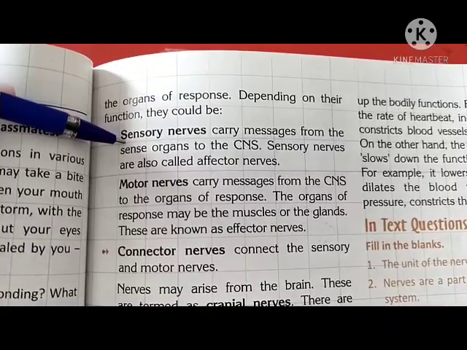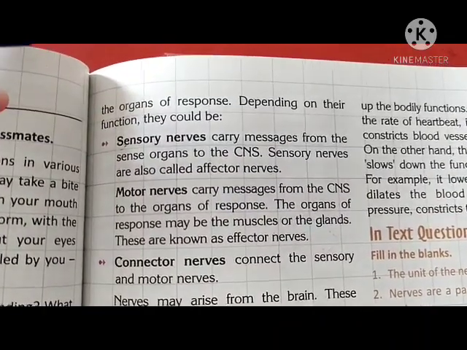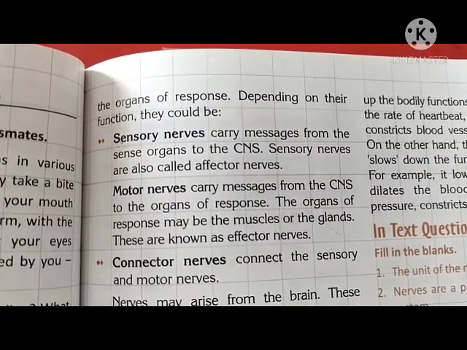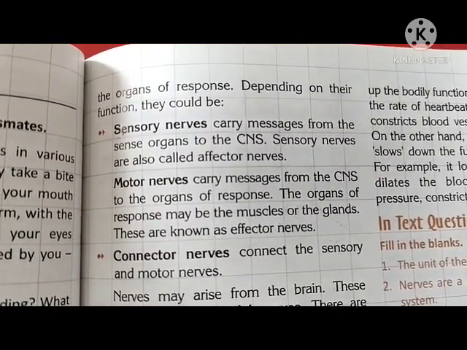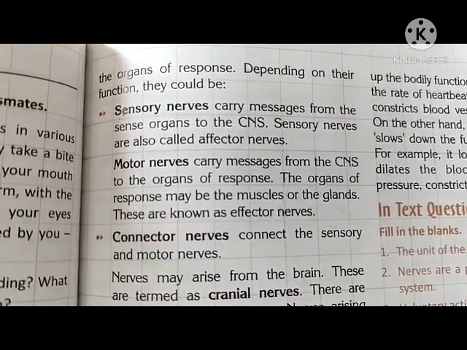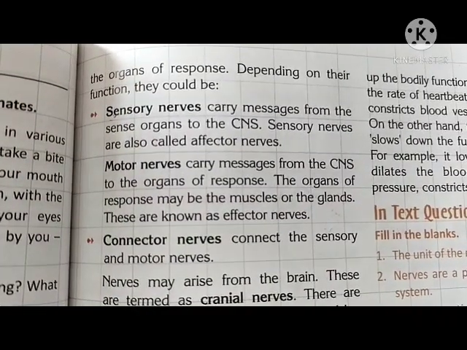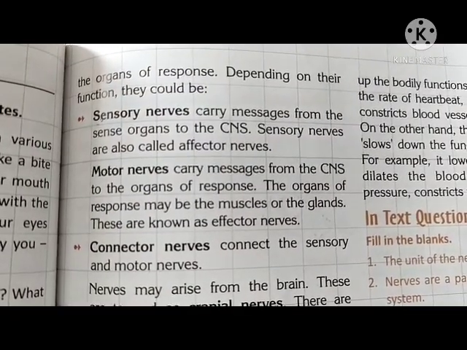What is the function of sensory nerves? Sensory nerves carry the message from the sense organ to the central nervous system. What are motor nerves? They carry messages from the central nervous system to the organ of response.